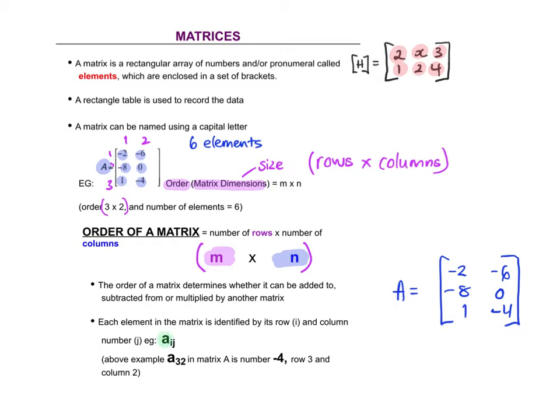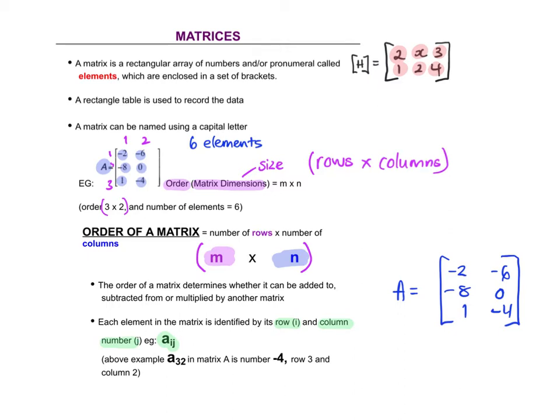They use this i and j, where the number in the i position tells you the row, and the number in the j position tells you the column.